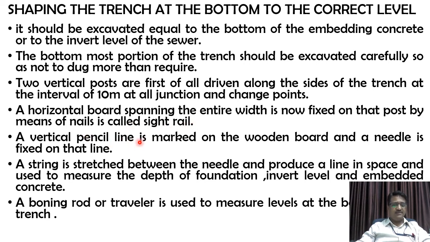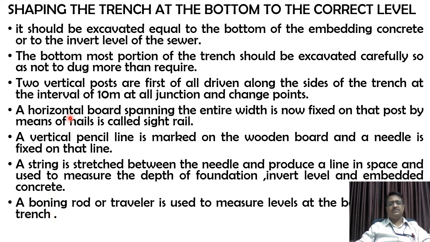The vertical pencil line is marked on the wooden board and the needle is fixed on that line. The string is attached to the needle and produces a line in space, and is used to measure the depth of foundation or invert level and embedded concrete. A boning rod or a traveler is used to measure the level at the bottom of the trench.